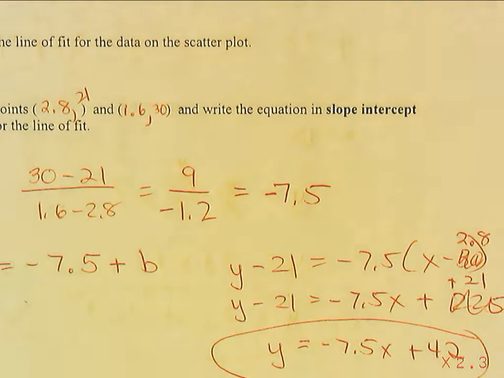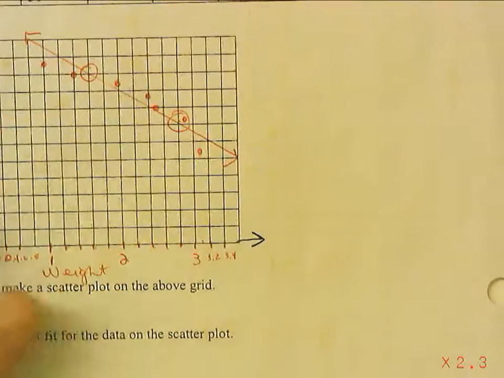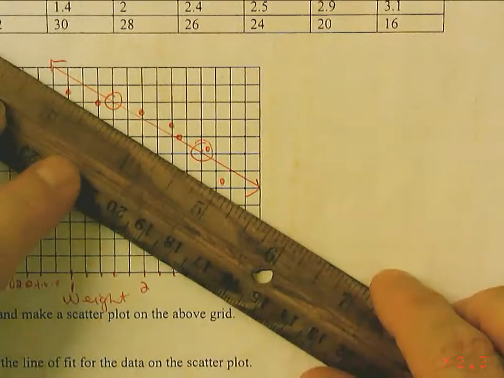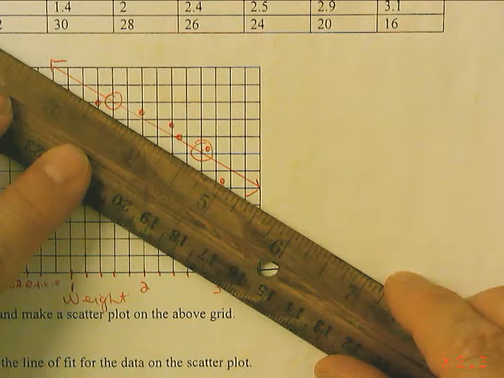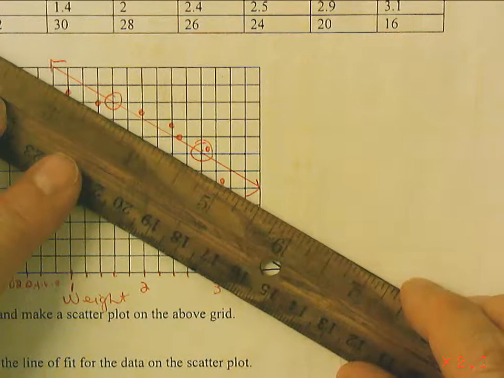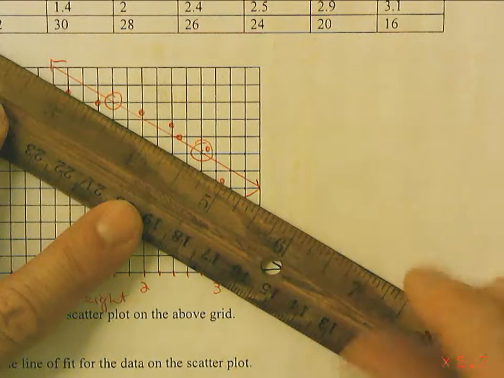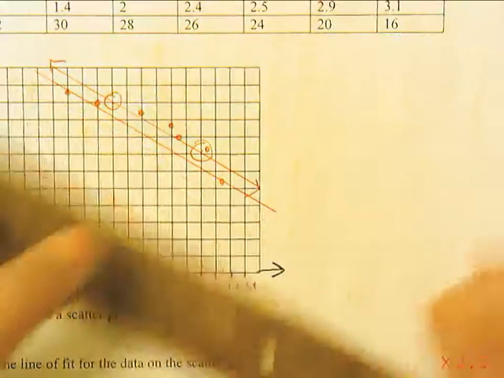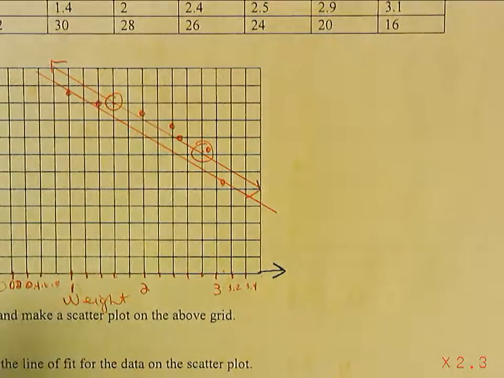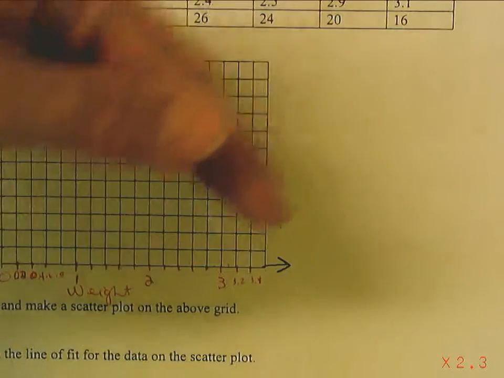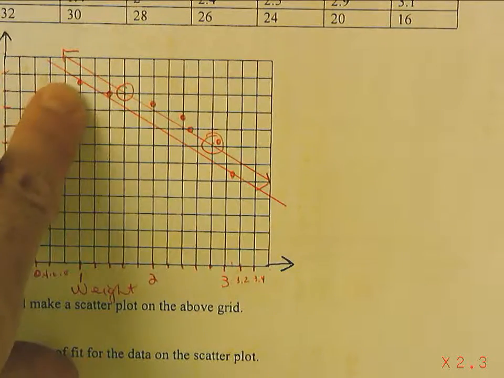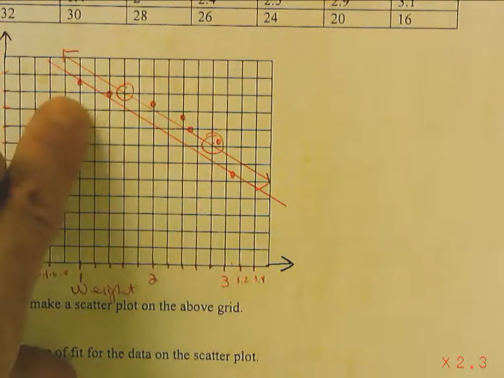But now, if I do it again, and I start with the lowest and the highest, so let's go back here. If I go from here and here, now you see that's kind of out of the range, but we can do it, see what we got. But do you see where it's kind of not really, I think it should be a little bit higher. So our y-intercept would be a little different, although the slope is the same.